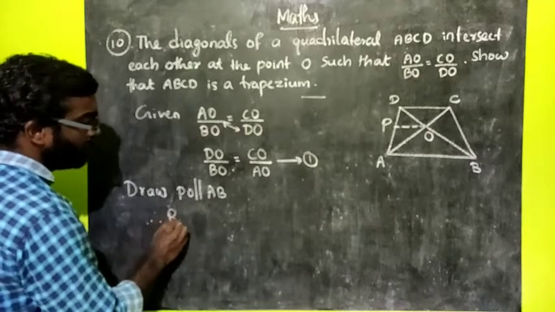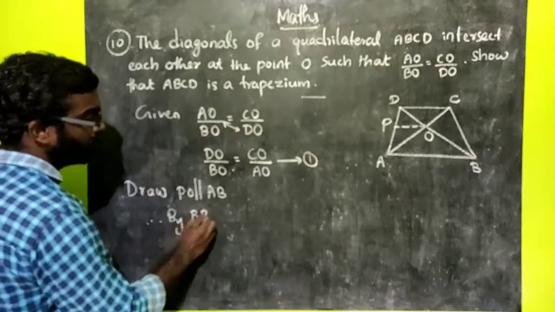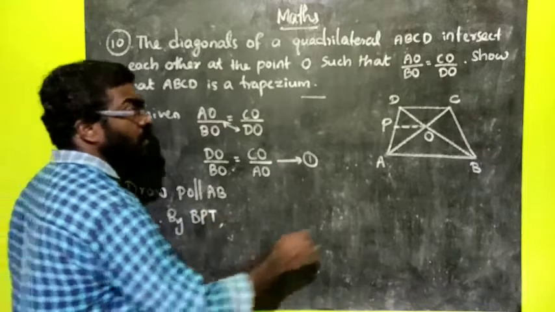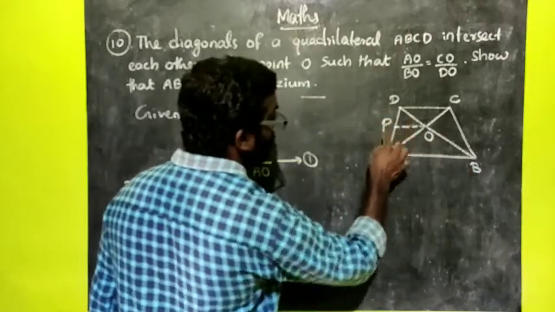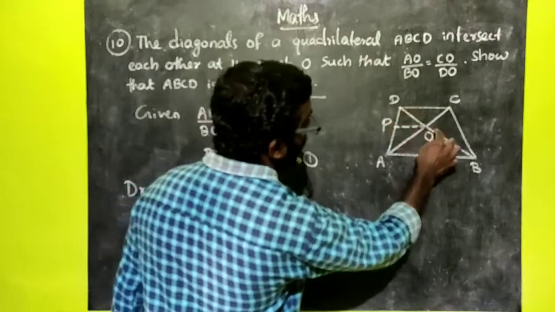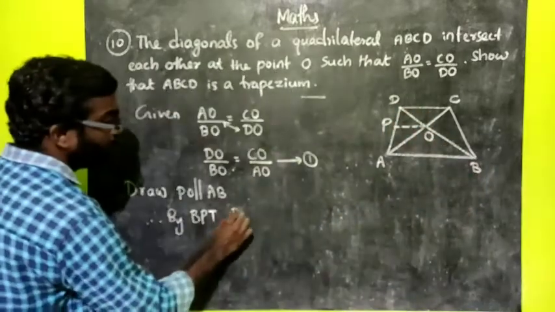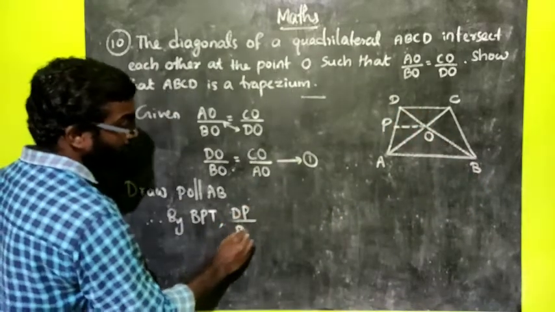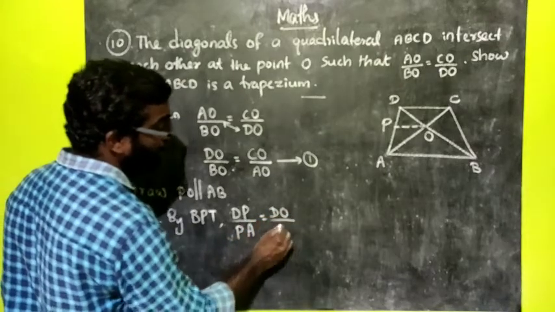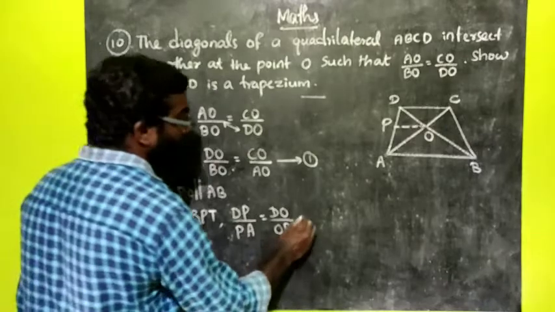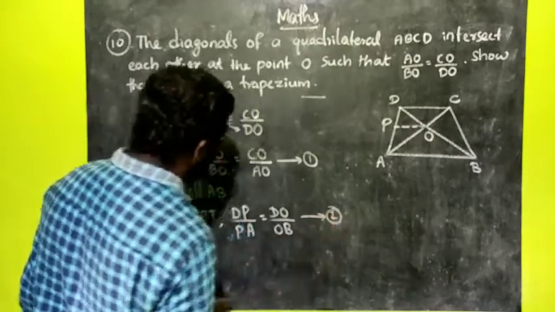Therefore by BPT, we can write, here PO is parallel to AB, so DP by PA is equal to DO by OB. So DP by PA is equal to DO by OB. Take it as equation number 2.